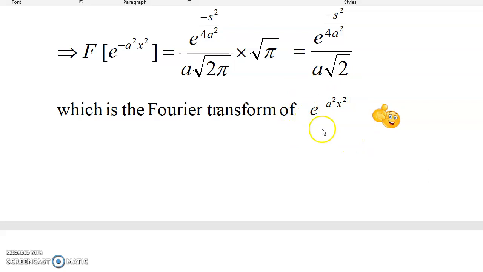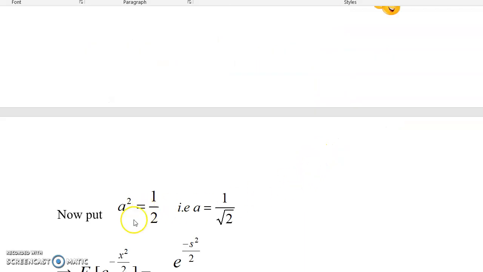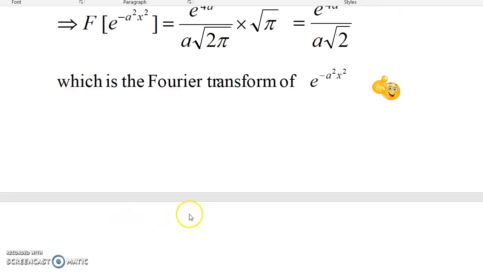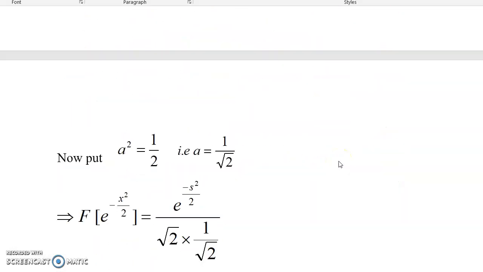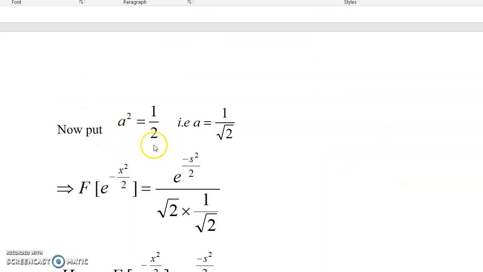What shall I substitute for a squared? Can't we just substitute a squared as half? If we substitute a squared as half, this becomes e power minus x squared by 2. So let us substitute a squared as half. It means a is 1 by root 2.